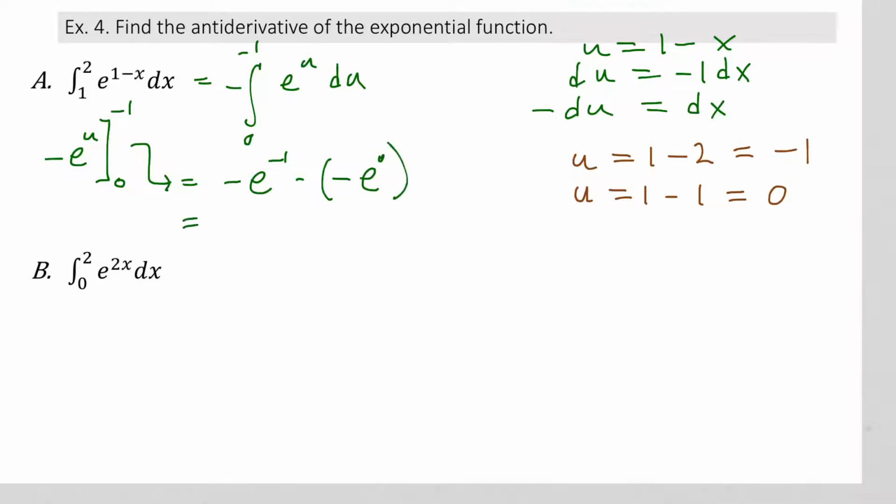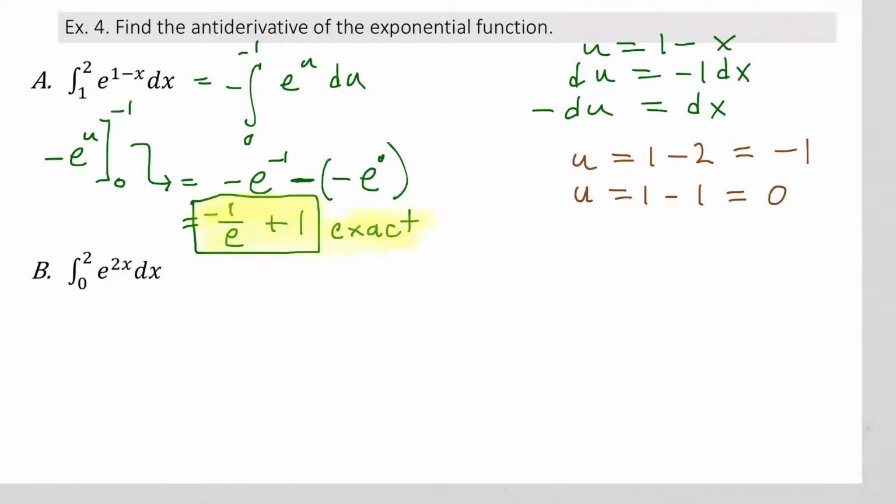So that's equal to negative 1 over e plus e to the 0. That's just 1. Okay, so this is your exact answer right here, which is fine. We don't necessarily need to find a decimal equivalent. You can use your exact answer.